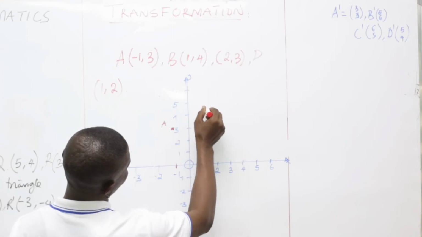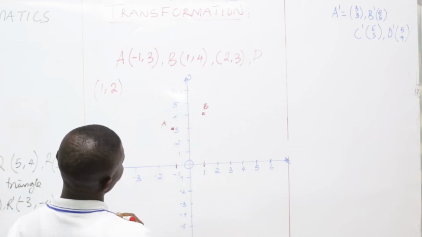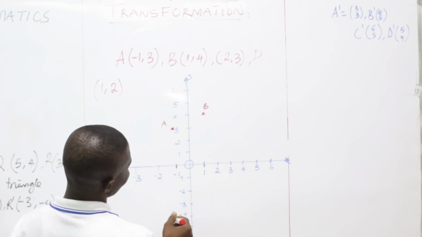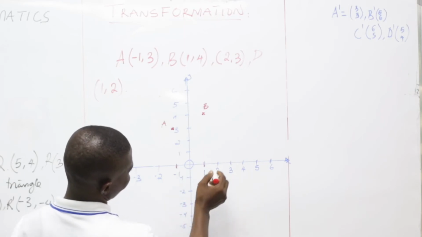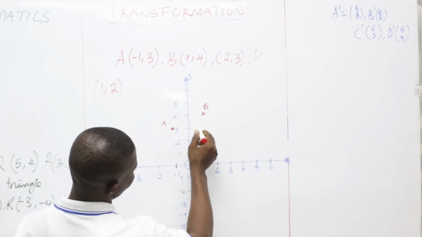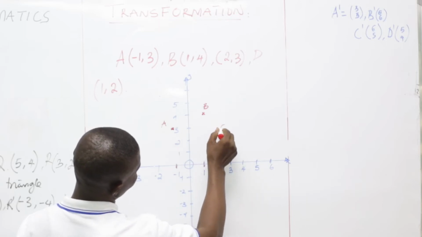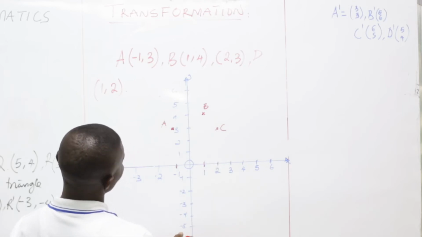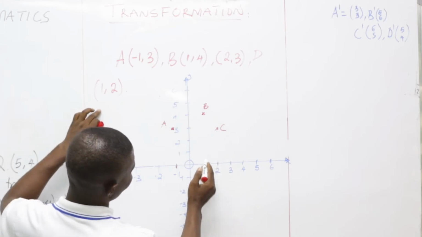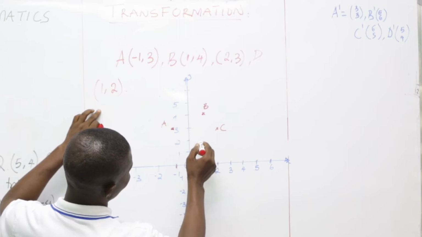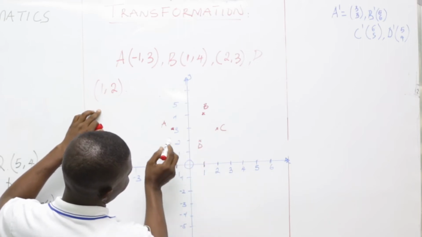Plot it. Call it B. For C, 2, 3. This is 2, y here is 3, somewhere here. You call it C. For D, 1, 2, here. Call it D. Now let us link them together.